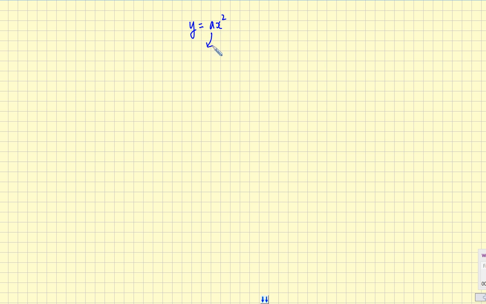The value of the a is your vertical stretch, or your vertical dilation, if you want to call it. The value of a will determine how your graph is going to look. So your graph, in this case, may not change position, but it will change shape. Okay? So let's take a look at an example.